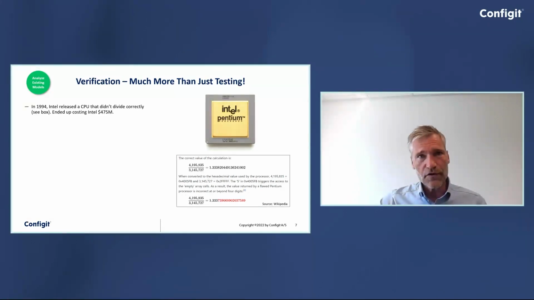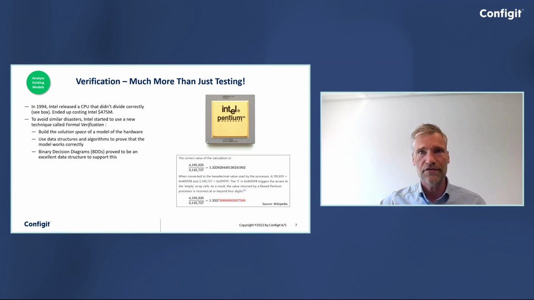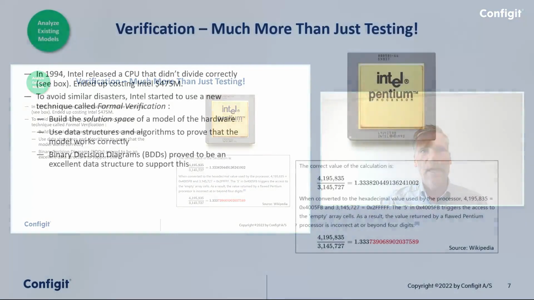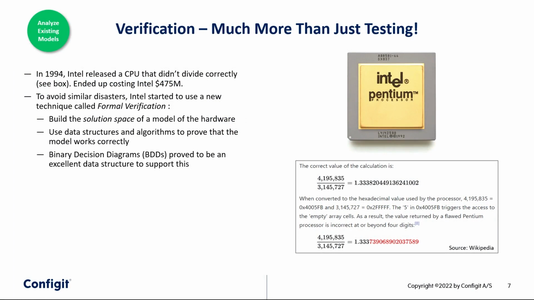So luckily for Intel and others, a new research area had started in the late 80s, early 90s, called formal verification. And basically the idea is that you build up a solution space. That's at least one approach in formal verification. You build up a solution space of a model, and then you use this solution space to check all combinations.